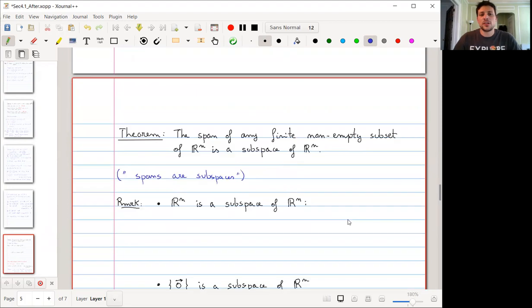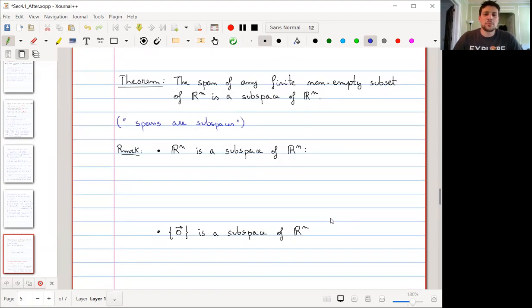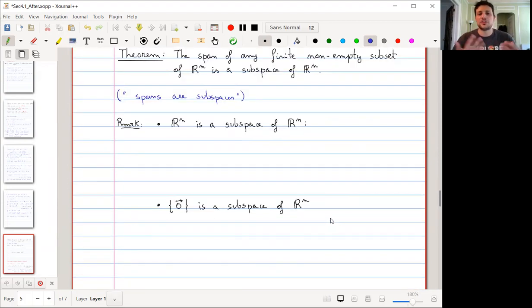In particular, there's two important but also kind of obvious examples of subspaces, which are Rn itself and the set only containing the zero vector. In fact, we saw that Rn can be written as the span of the standard vectors, E1, E2, all the way to En.